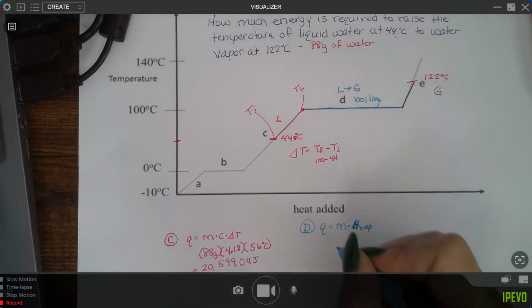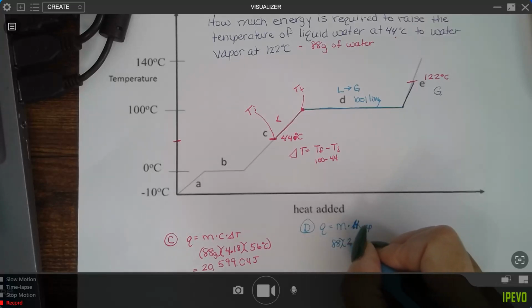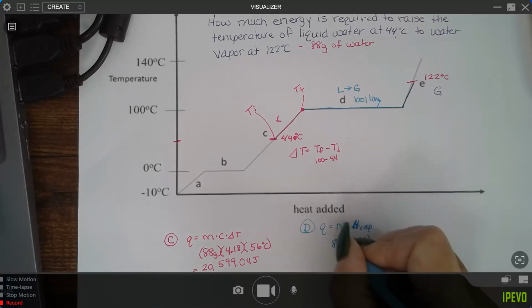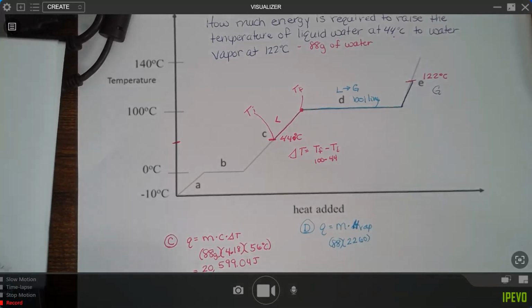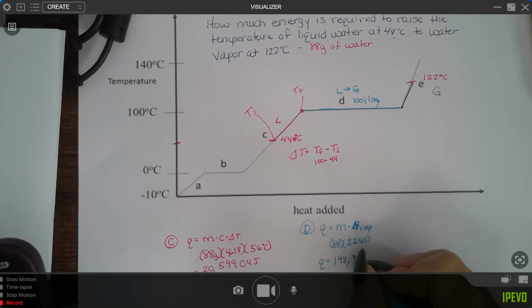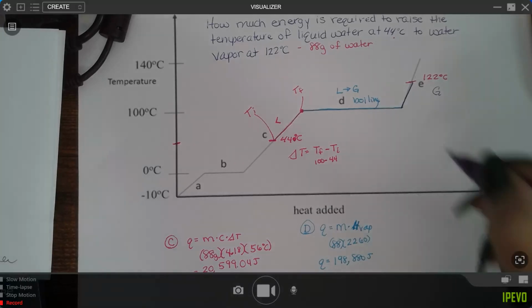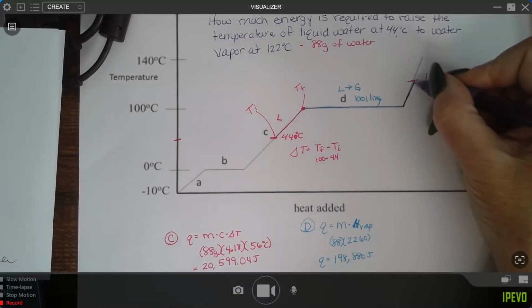Mass is 88. 88 times 2,260, I get Q is equal to 198,880 joules.